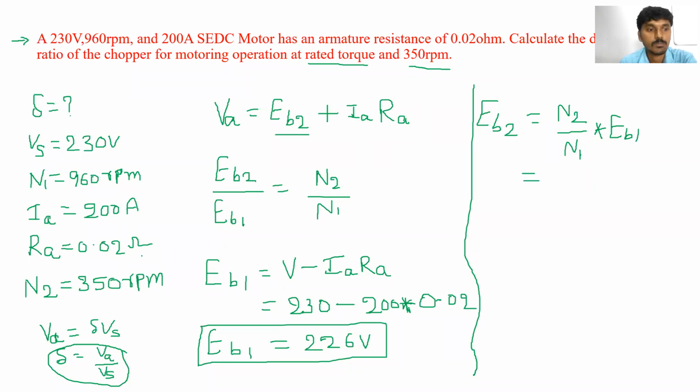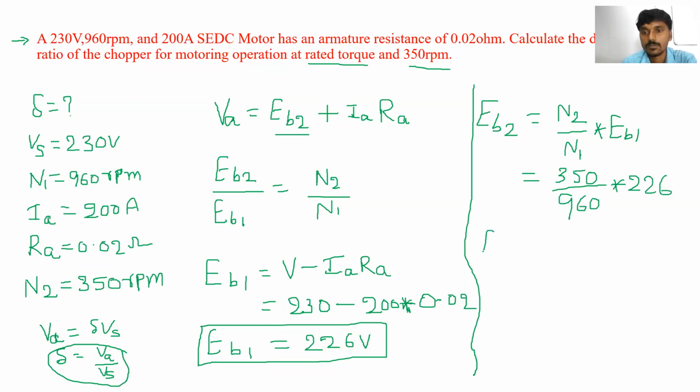Here N2 is 350, divided by N1, which is 960, into EB1, which is 226.